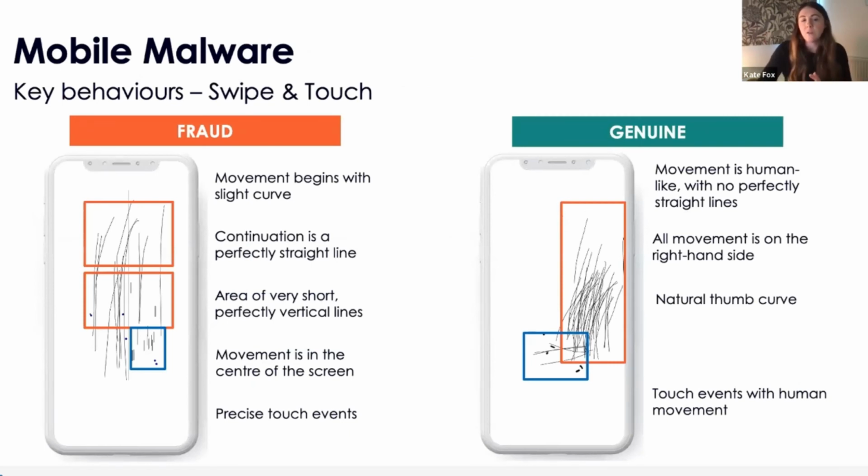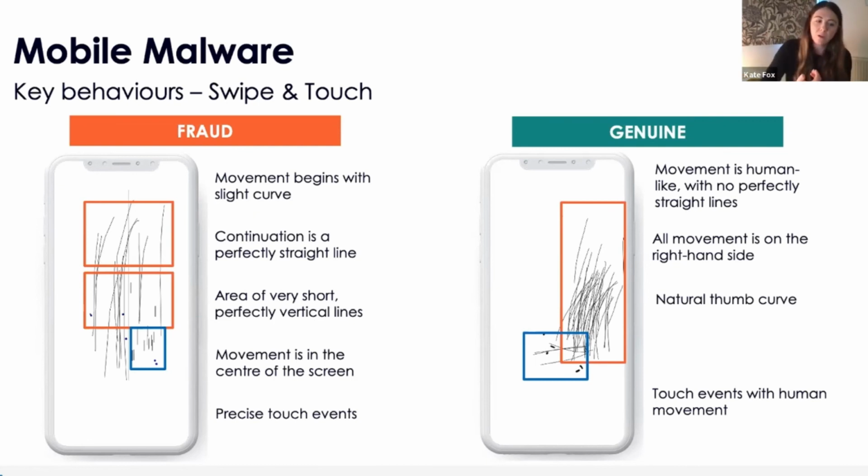We can also look at the swipe and touch events, which is another quite interesting thing to see. On your left-hand side, you've got your fraud touch and swipe sessions and your genuine user on the right-hand side. You can see those squiggly lines. They're quite straight on the fraud session, basically a perfectly straight line.